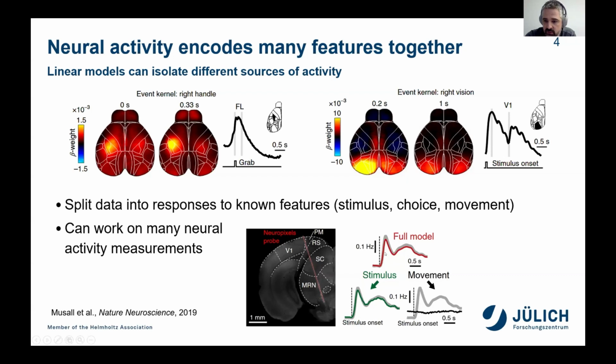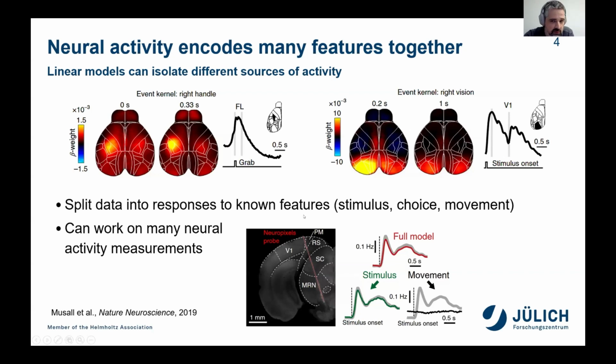In this example, when we look at neural responses from Neuropixels, we could use the linear encoding model to split out the responses that are driven either by a stimulus or by the movements. In that specific example, we found that this neuron was really driven by the stimulus and not potentially by a correlated movement that could have co-occurred with the stimulus.